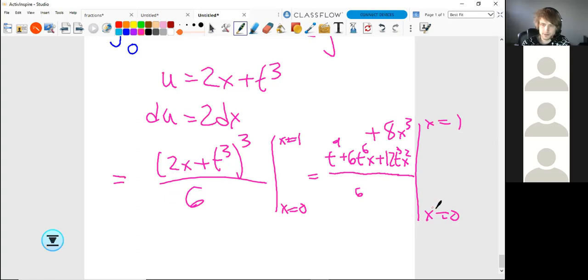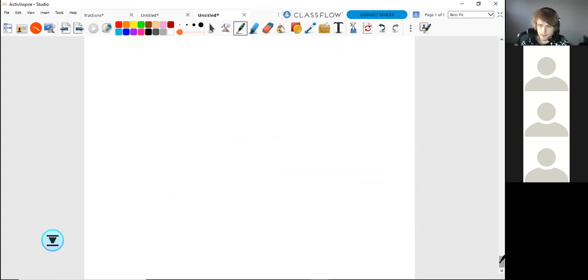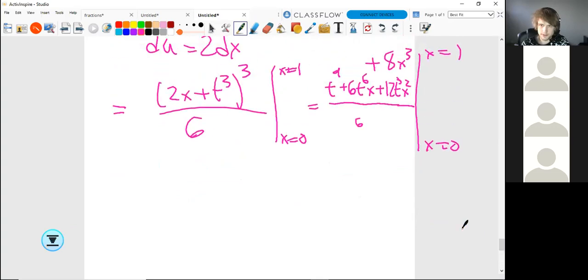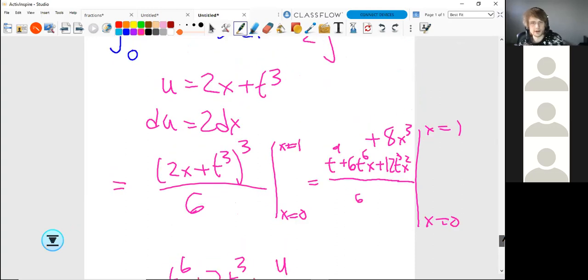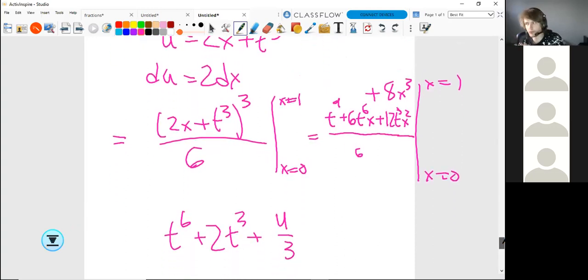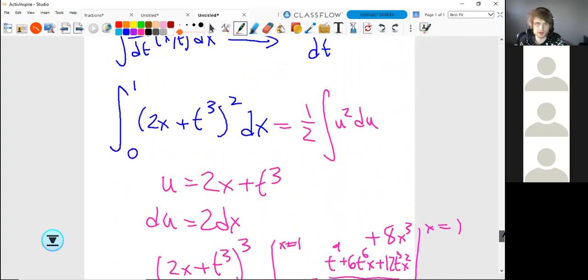So the t to the 9th terms are going to cancel out, and we're going to be left with t to the 6th plus 2t cubed plus 4 over 3. All right, so this is a really simple example. I'm just demonstrating that this actually works.